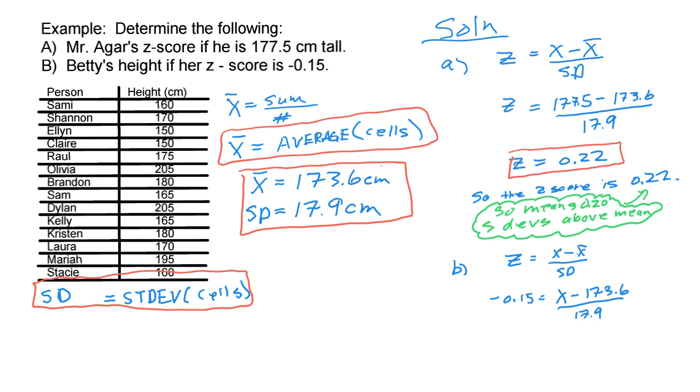For this type of problem, you multiply across to get negative 0.15 times 17.9 is equal to X minus 173.6. Now the left side ends up being negative 2.7, equal to X minus 173.6.